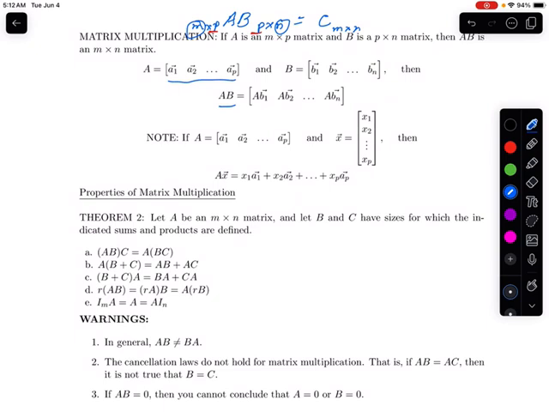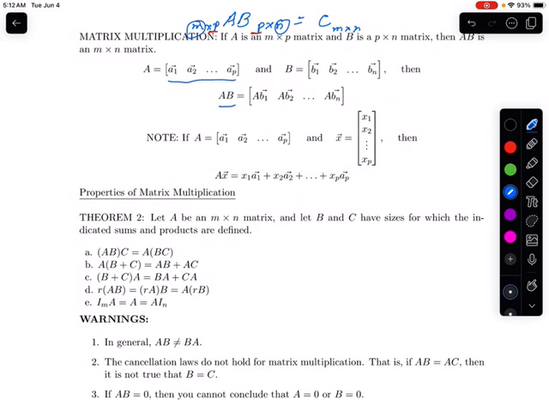So when we multiply AB, we get a vector: the first vector of the product is the A matrix multiplied by the first column of B. So this is the dot product which is happening between the row vectors and column vectors.